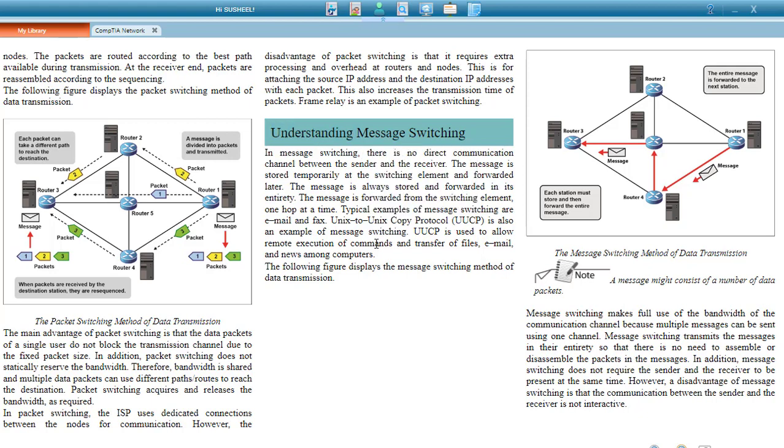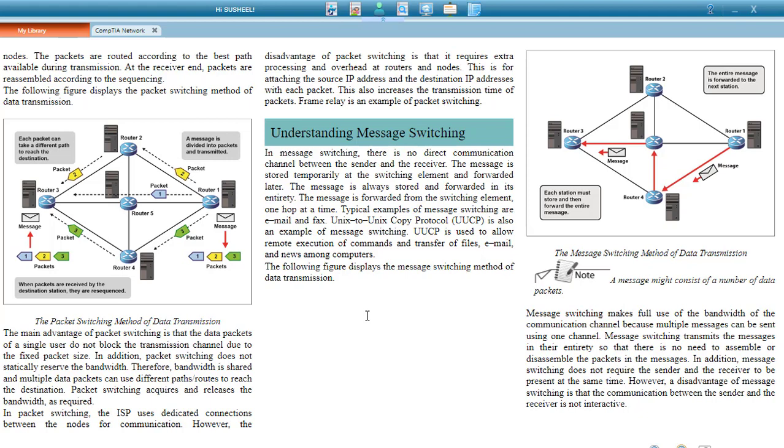Understanding message switching. In message switching, there is no direct communication channel between the sender and the receiver. The message is stored temporarily at the switching element and forwarded later. The message is always stored and forwarded in its entirety. The message is forwarded from the switching element, one hop at a time.